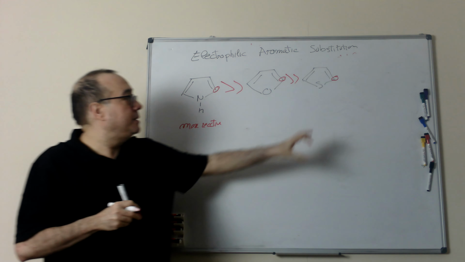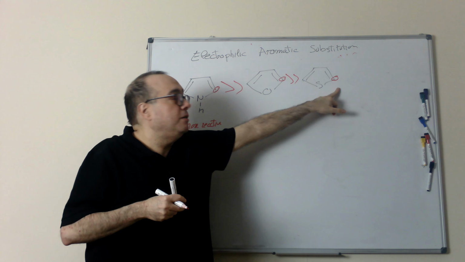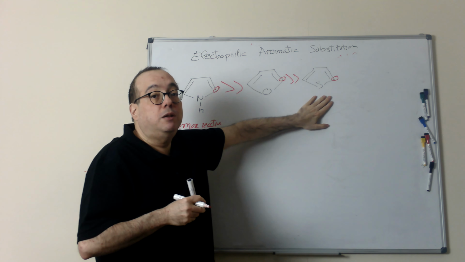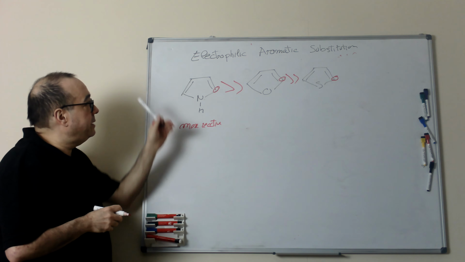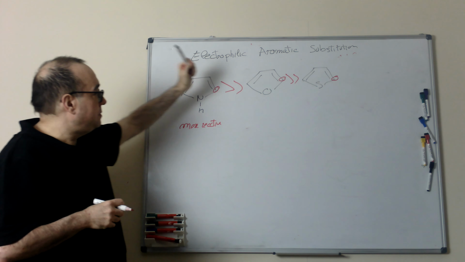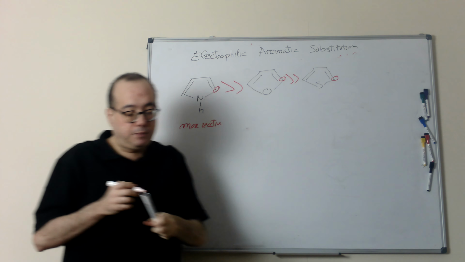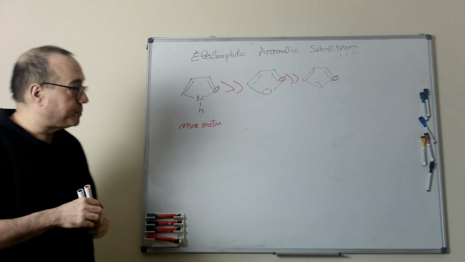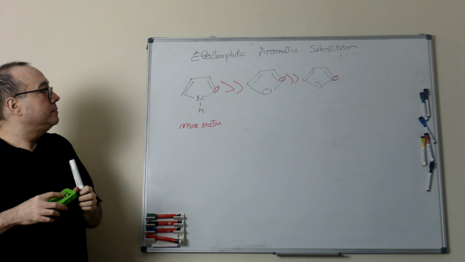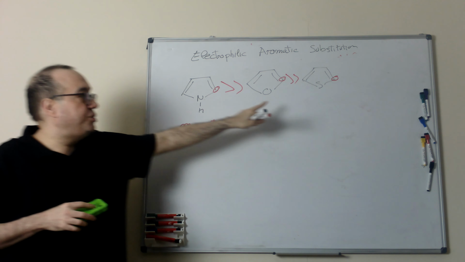That means that the difference of the size of the orbitals of the sulfur with the carbon makes this compound the least reactive of all. Okay? That means in the electrophilic aromatic substitution, this will be the most active, furan will be the second most active, and thiophene will be the one with the least reactivity. Okay? But all of them will direct to the C2 position.